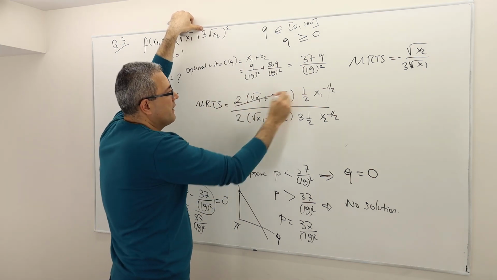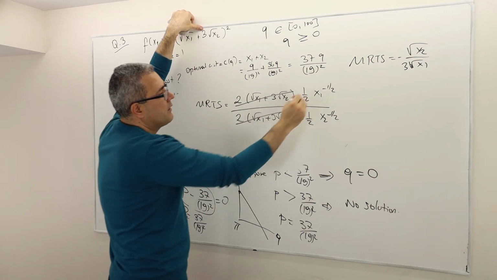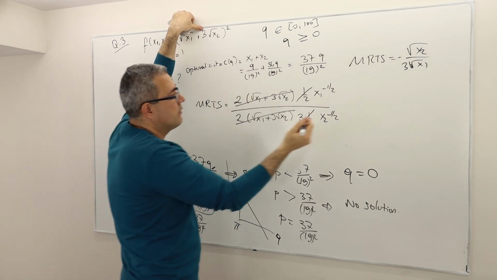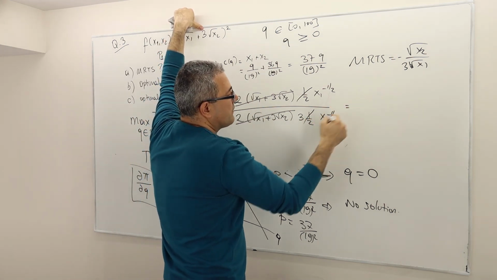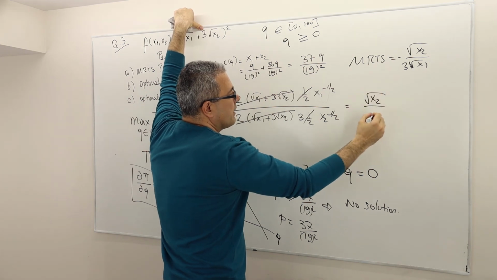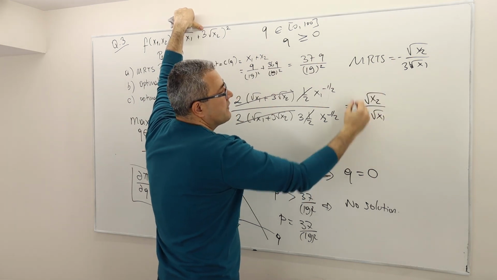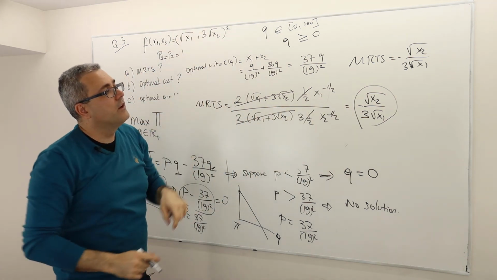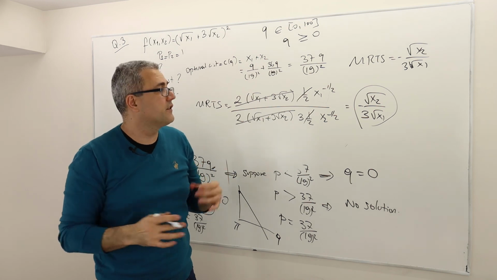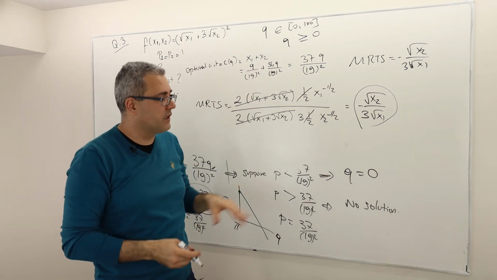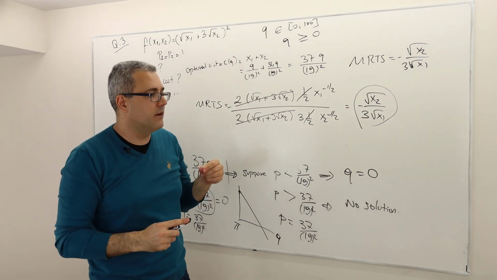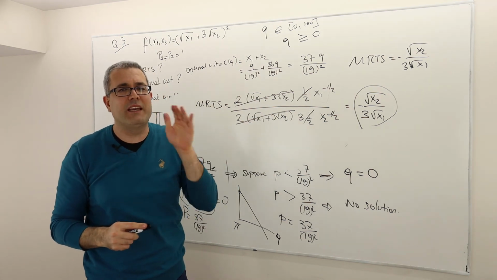Oh boy. Yes, these 1/2s cancel out, so I have 3 only. I don't know where I got the 6. So I send the x2 term to here and the x1 term to here. So don't forget the minus. So the MRTS is this divided by 3x1 squared, not 6. And so the rest of the question, the solution should be corrected accordingly. But again, the approach is going to be exactly the same.